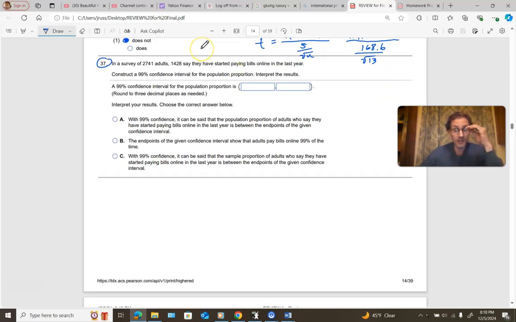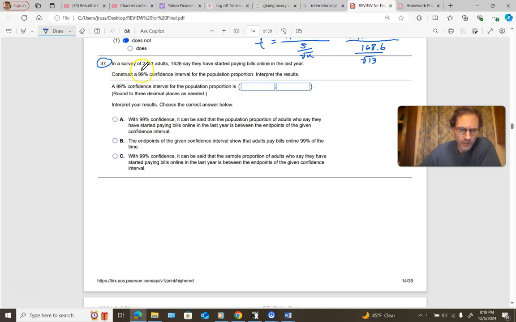So here at 37, guys, this deals with section 6.3 when we were trying to find confidence intervals for population proportions. Okay, so not a mean, but rather a proportion. And it says in a survey of 2,741 adults, 1,428 say they have started paying bills online in the last year.